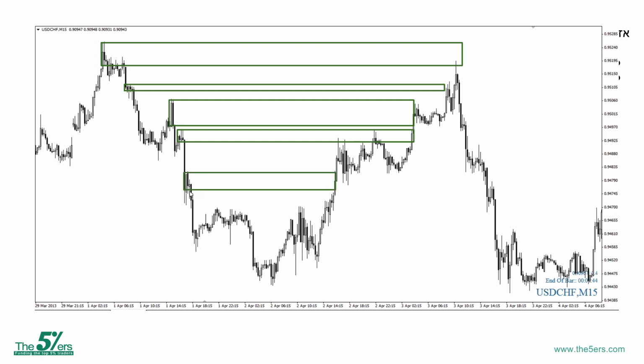And here's another decision point which didn't work. Maybe it worked on a very low time frame, but it's not important. Not all levels will work, and we will learn how to understand or predict whether these levels will work or not.